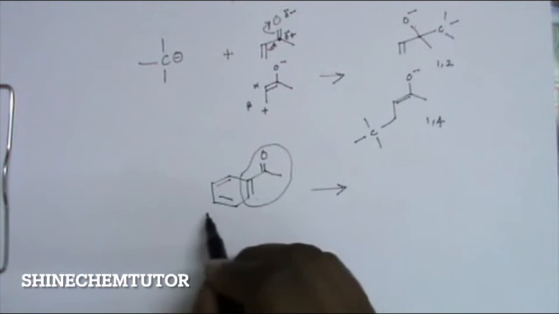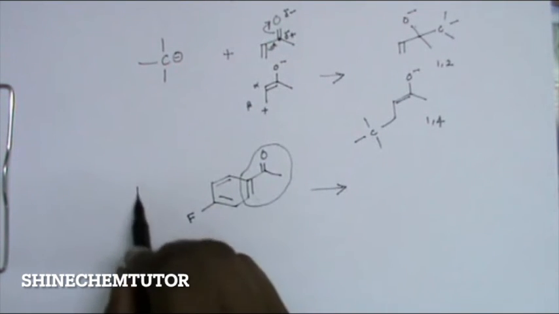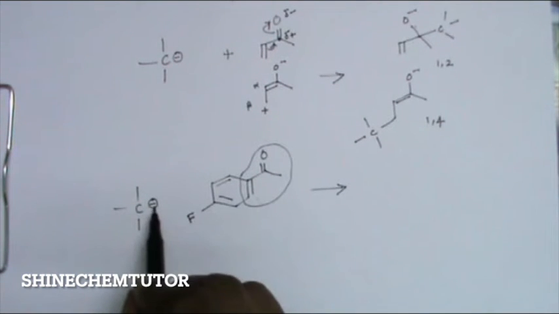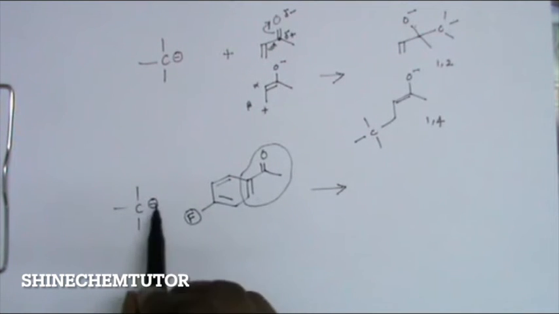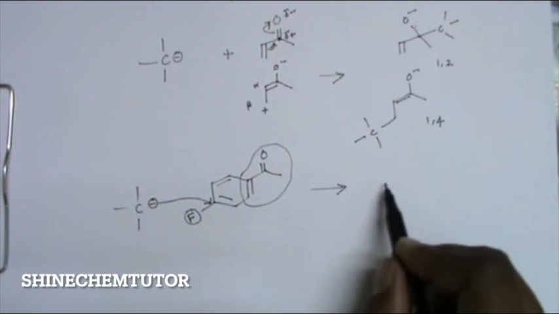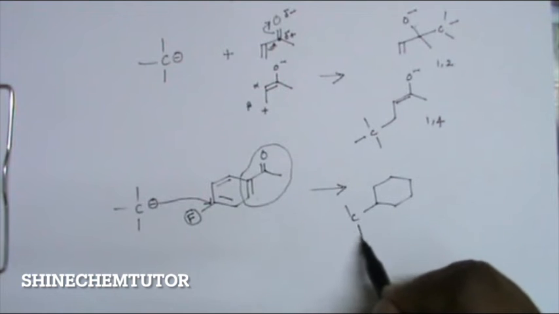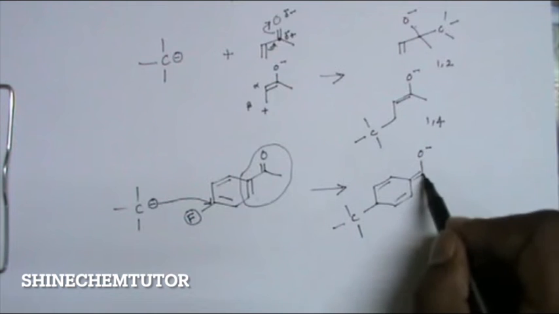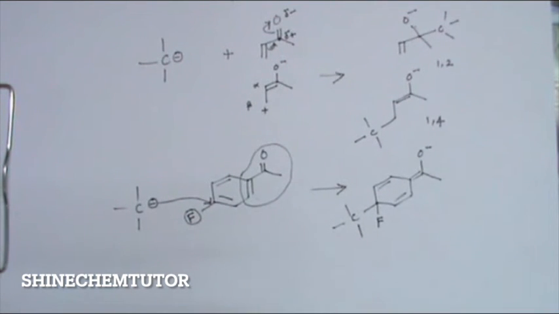But the nucleophile will not attack that easily. It will attack when I have more electronegative halogens. When I have fluorine here, this will attack. What we get is the intermediate like this. Here fluorine will be there.